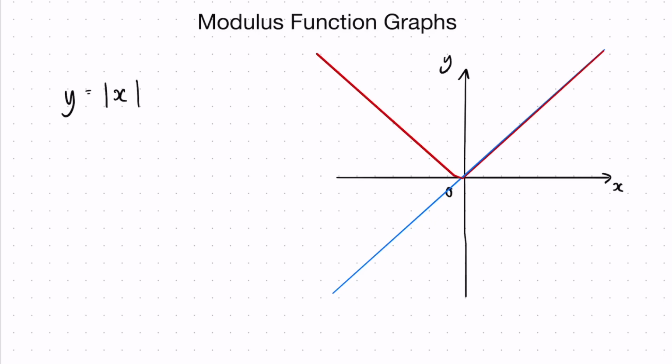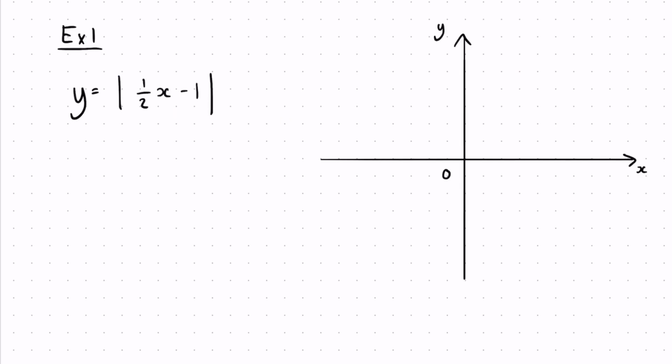Okay, so how will this look with a more complex one, such as y equals modulus half x minus 1? So let's think of our standard graph, y equals a half x minus 1. That would normally go through the y-axis at minus 1.